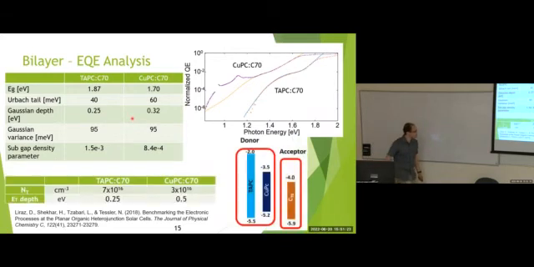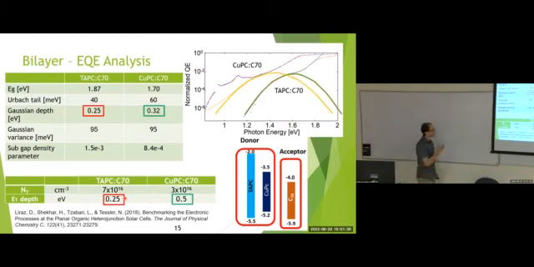And also we have a second table of the fitting parameters from our model for the same devices that relate to the SRH traps. And what we see is that in both tables, there is the same trend: the subgap states, or the SRH traps, in the CuPCC70 device are deeper.